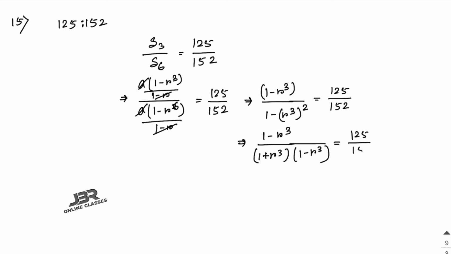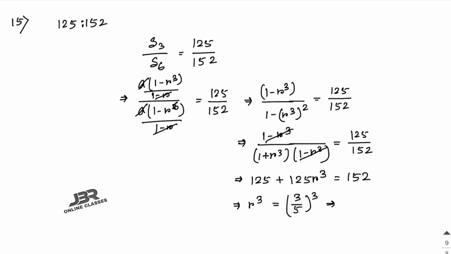So 125 by 152. So that one equal to 125 plus 125 r^3 equal to 152. So here r^3 equal to (3 by 5) whole cube. You can check it. So here r equal to 3 by 5 as your answer.